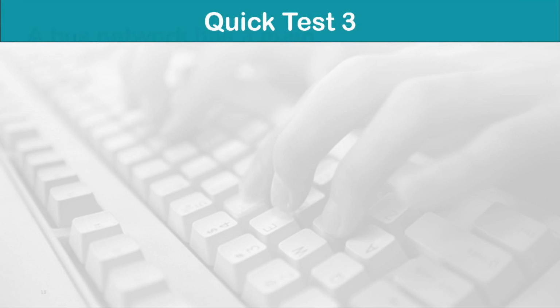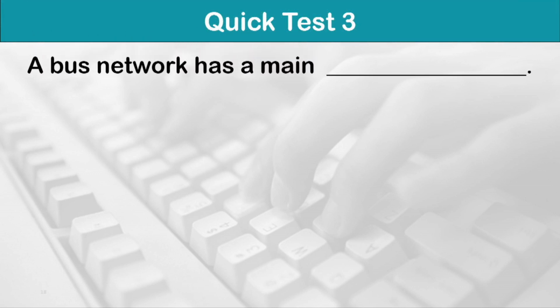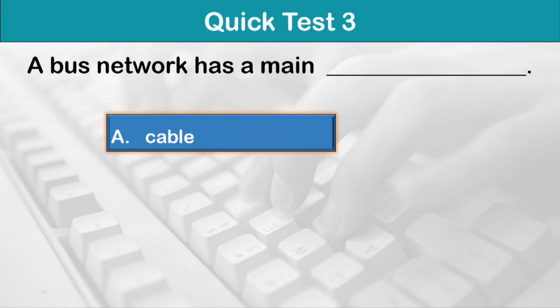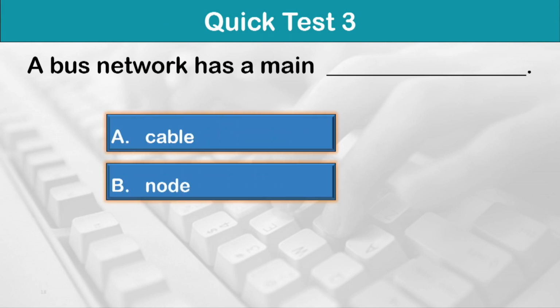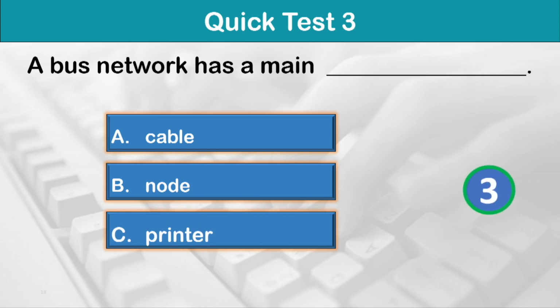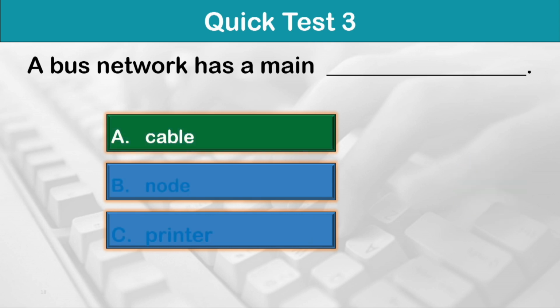Next question. A bus network has a main cable, node, printer. The answer is cable. A bus network has a main cable.